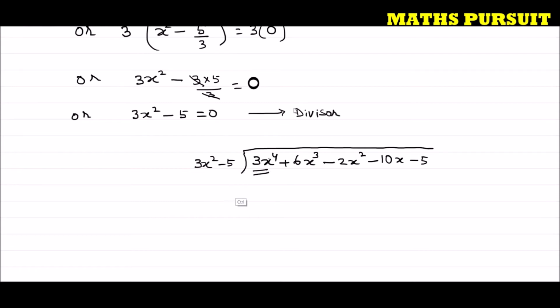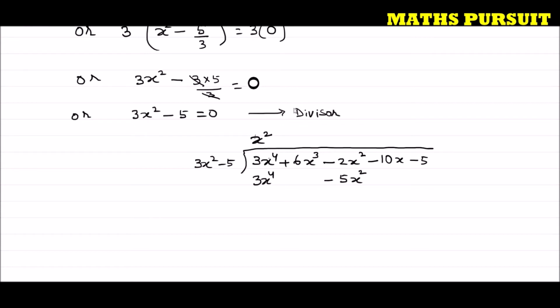If I multiply x to the power 2 to 3x to the power 2, then I am going to get 3x to the power 4. Then I also need to multiply this x to the power 2 with this minus 5, so I am going to get minus 5x to the power 2.